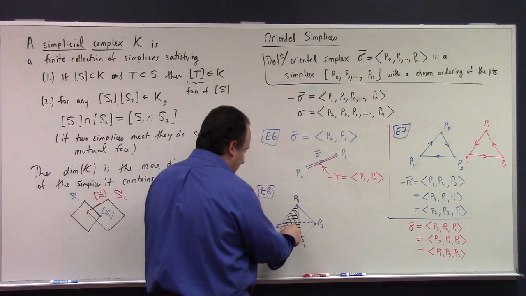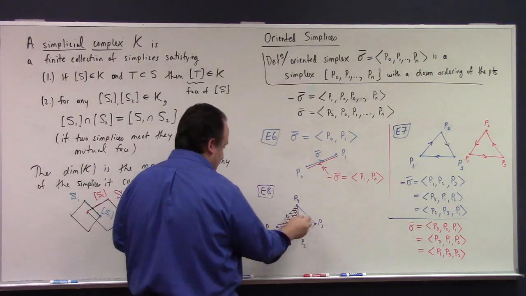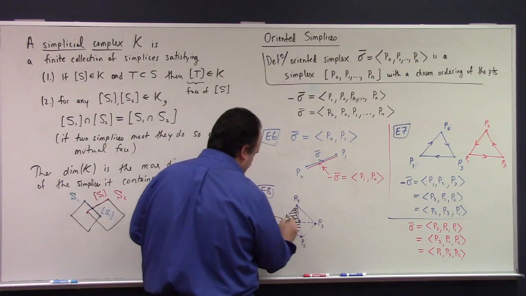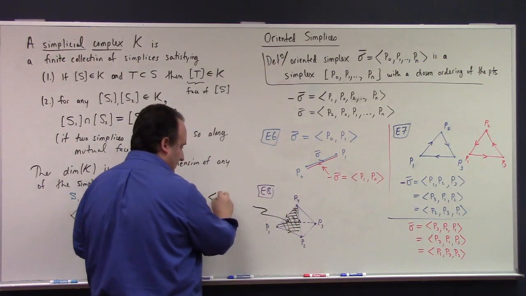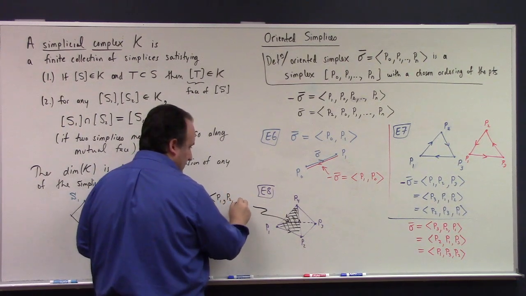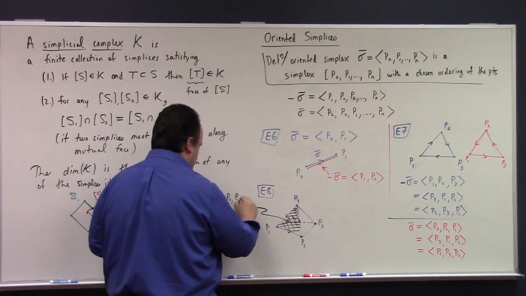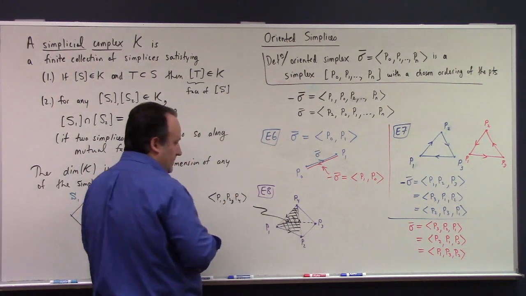I want it to go like this, and then like this, and then like that. So I should describe that face as what? Start with P1, go to P2, P1 to P2 to P4. There you go.